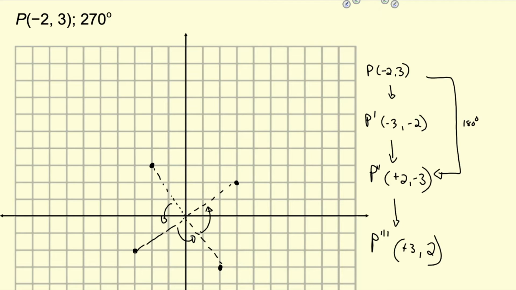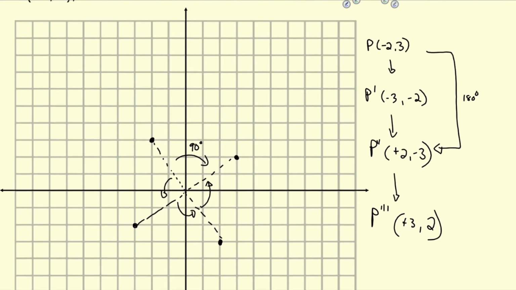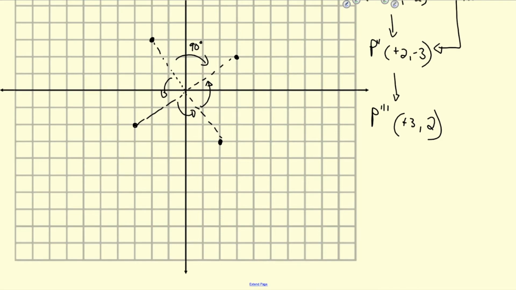You can also look at this by doing a 90-degree clockwise. Now, if you look at the start to the end, we went from -2, 3 to 3, 2.